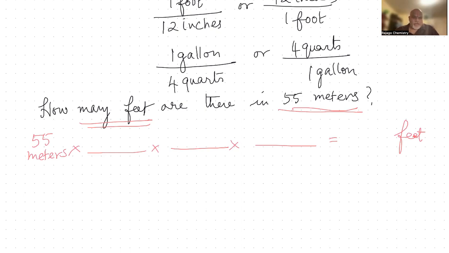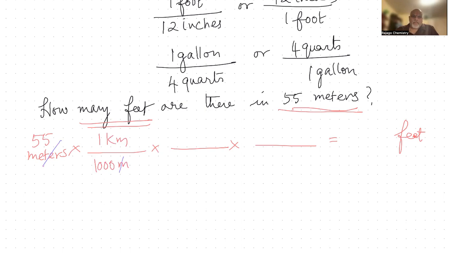So we write 1,000 meters is 1 kilometer. I can either write 1 kilometer over 1,000 meters or 1,000 meters over 1 kilometer. I'm writing 1,000 meters at the bottom because then only I can cancel meters and meters.